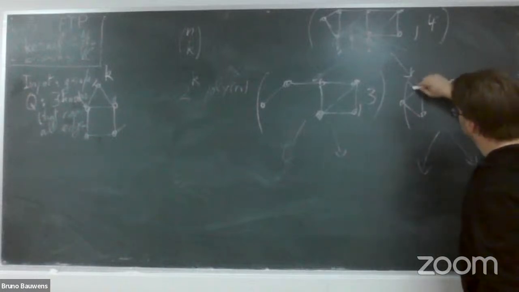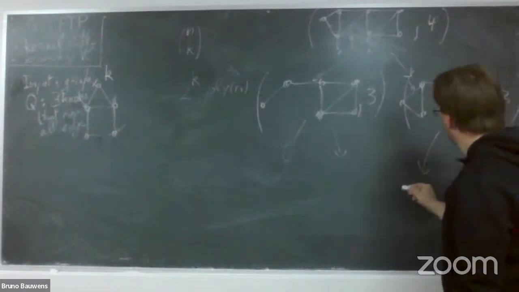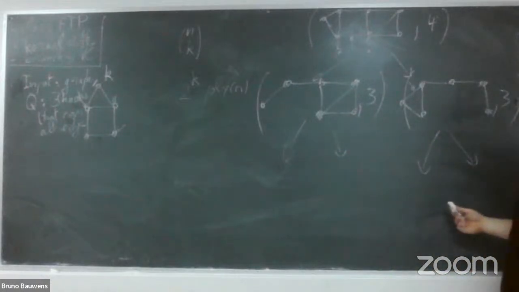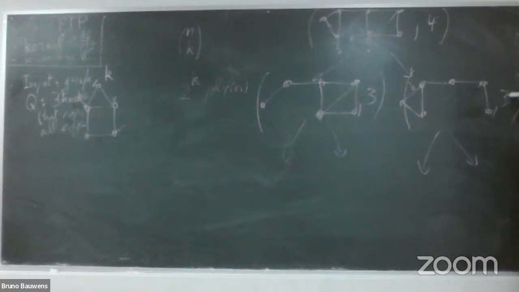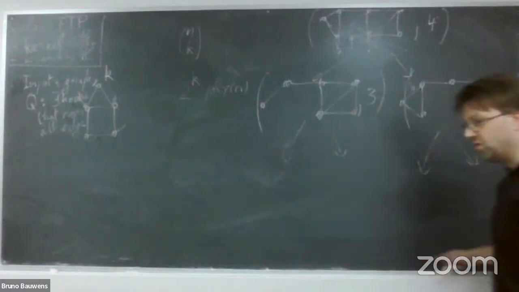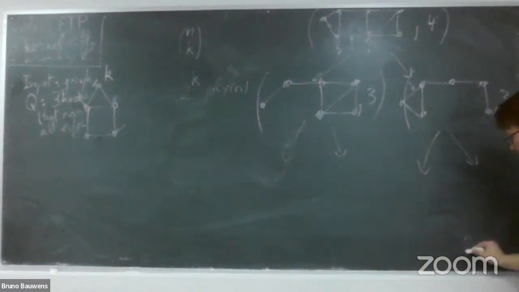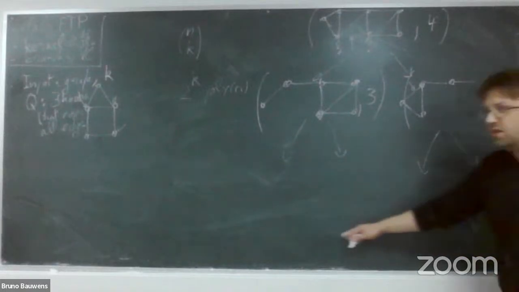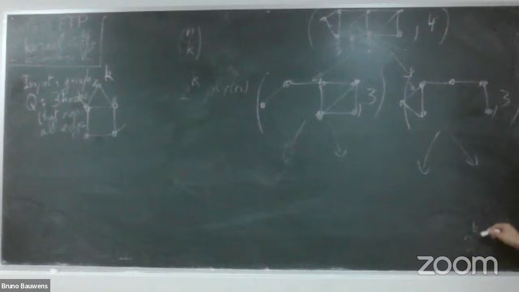Or maybe even better on this one. Okay, we got it. So each level we go down, this number goes down by 1. And in the end, we have a tree, and the number of leaves is 2 to the power k. The number of nodes is at most 2 to the power k plus 1, because it's a binary tree.